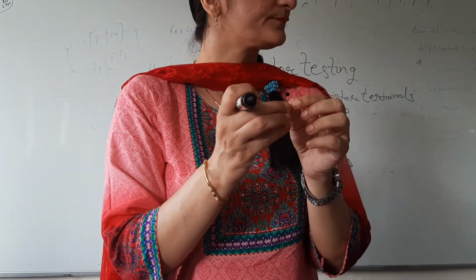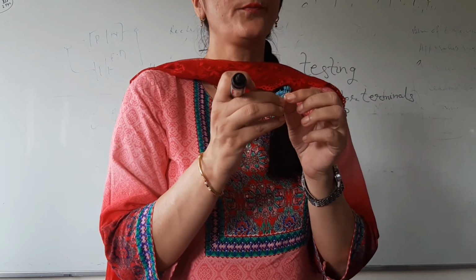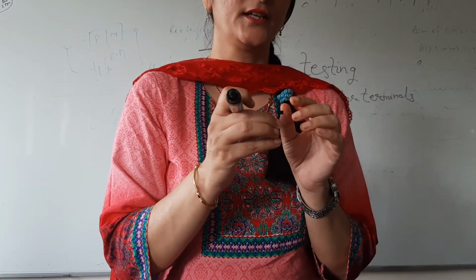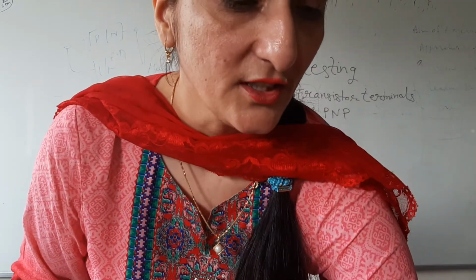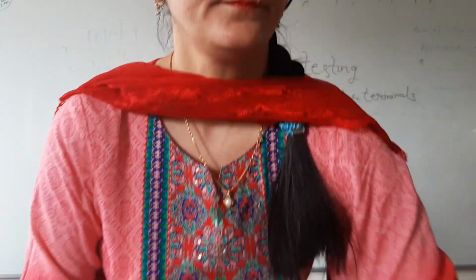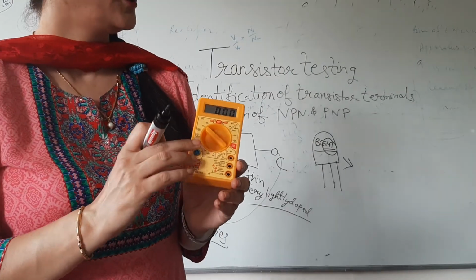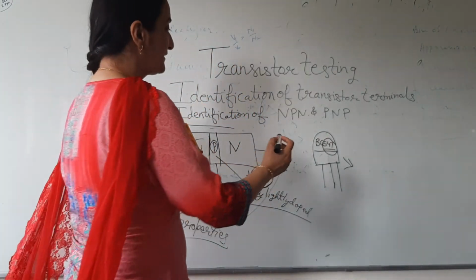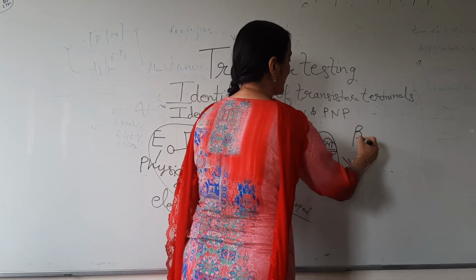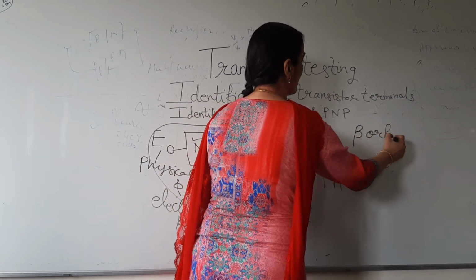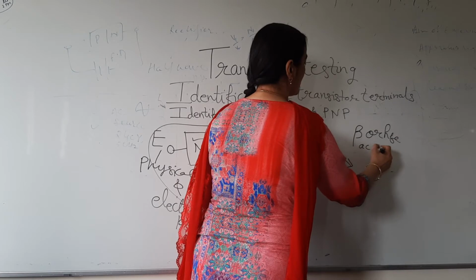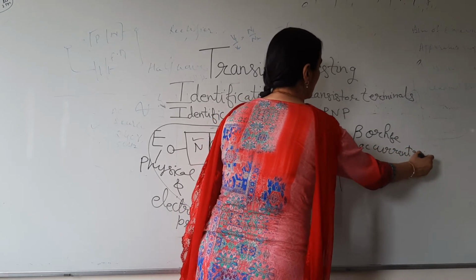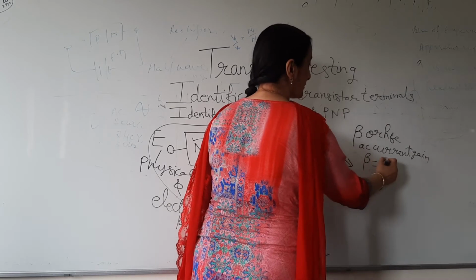Now, how do you find out whether it is NPN or PNP? In digital multimeters, this is the digital multimeter. Here you can see beta, AC current gain, or HFE. Beta is equal to delta.